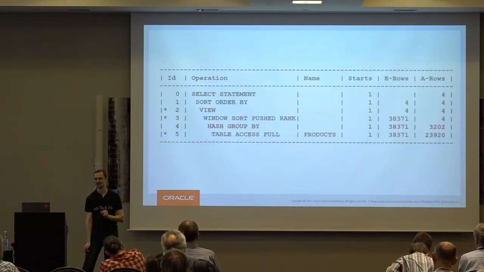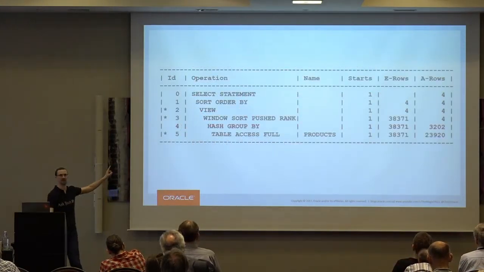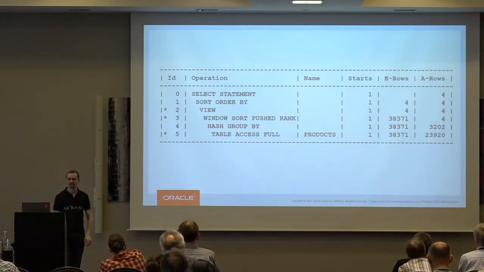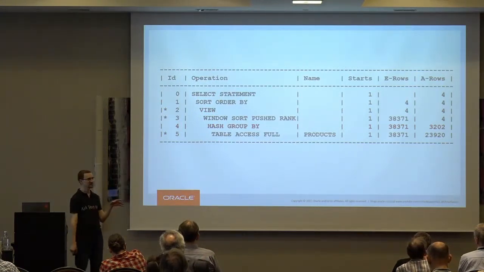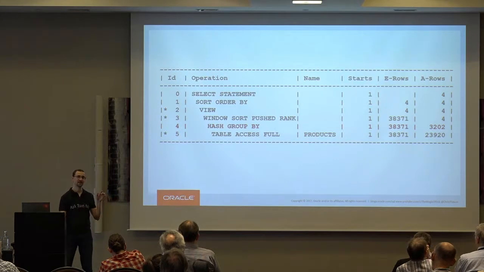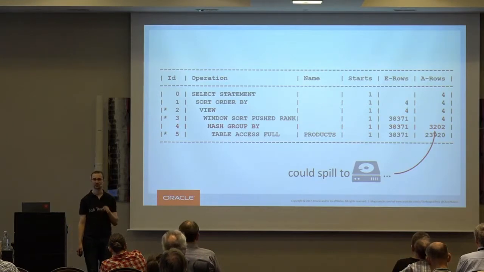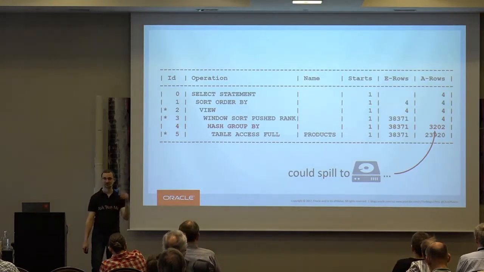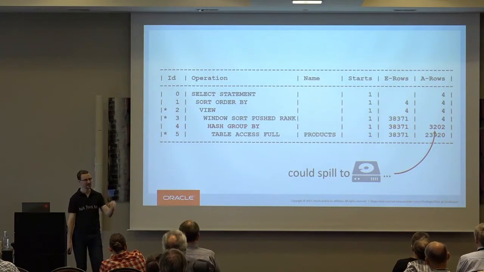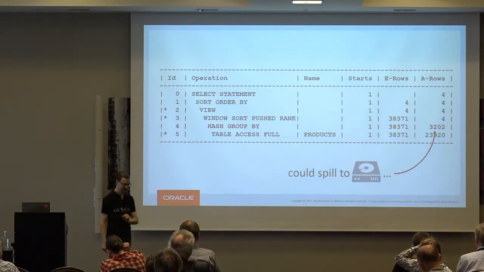If you look at the execution plan, we've got this hash group by step here. Okay, what's the big deal with that? Well, if it processes a large number of rows, that hash group by step might have to start writing data to the temporary tablespace, which means reading and writing from disk. As soon as you're reading and writing from disk, query performance is going to drop drastically.